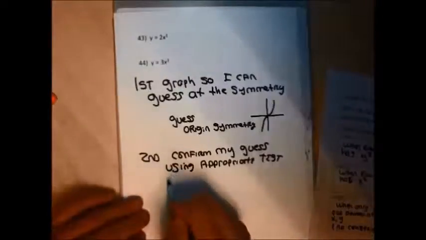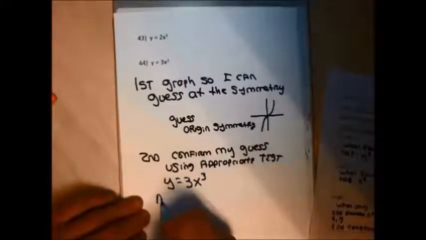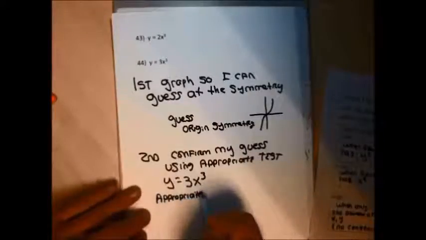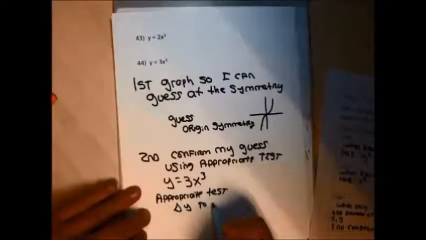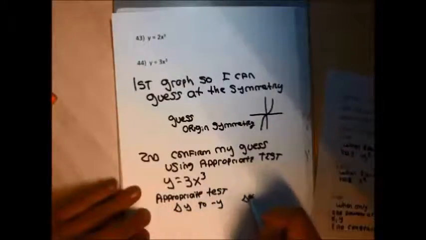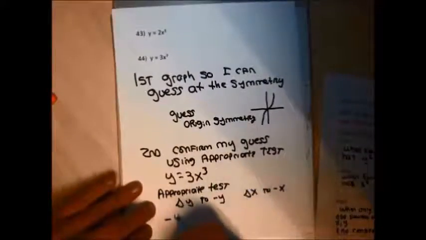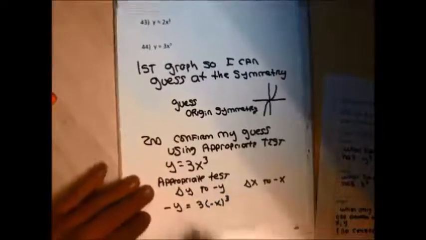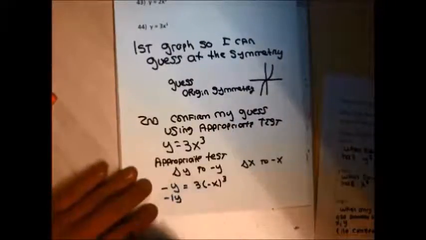So the original problem is y equals 3x cubed. The appropriate test for origin symmetry is to change the y to negative y and to change the x to negative x and reduce. So I'm going to go negative y equals 3 times negative x cubed. And for me, it's going to help on the left side if I write negative 1y.